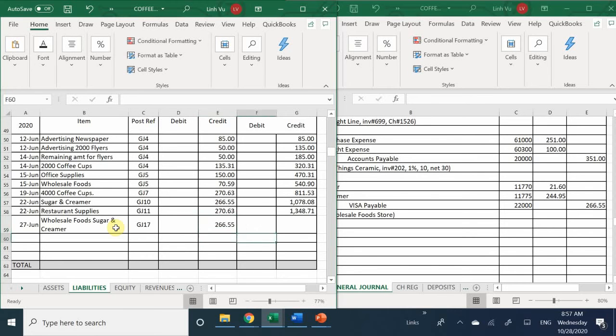Good. And then the new Visa payable balance is 1615.26. Good. I might be wrong. No, you're right. 1615.26. Yeah, that was correct.